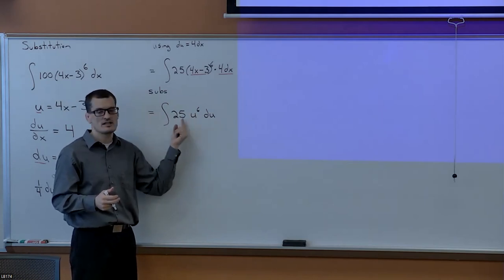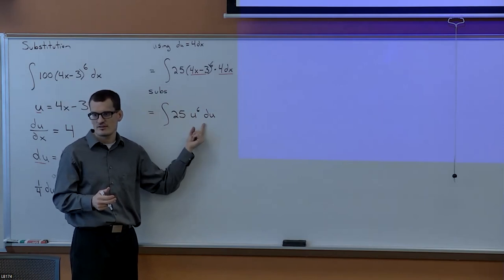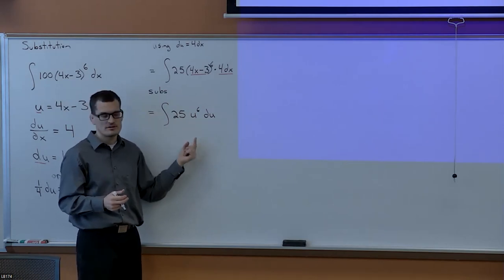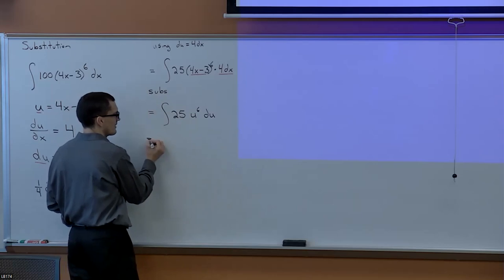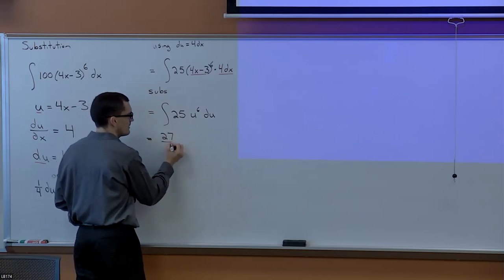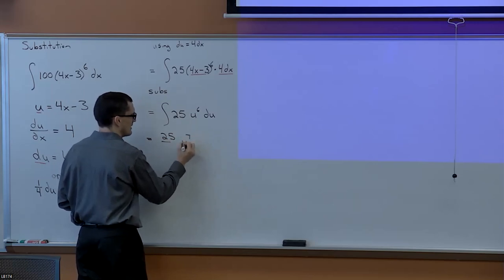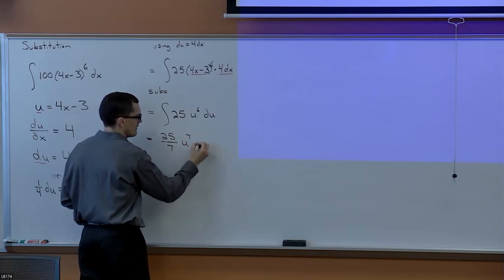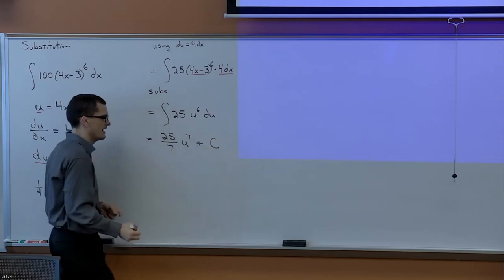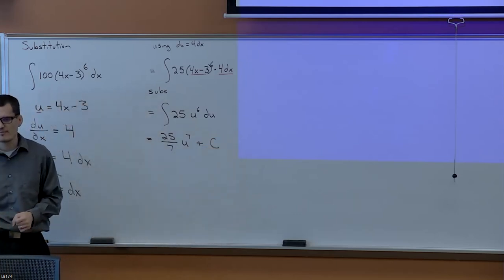Well, now we're just using the letter u instead of the letter x. So it's a u to a power. So what I would do is raise the exponent by 1. I'd get u to the 7th, divided by 7, and then plus c.